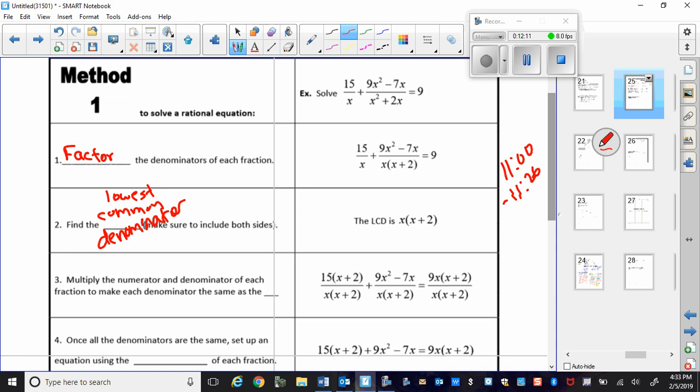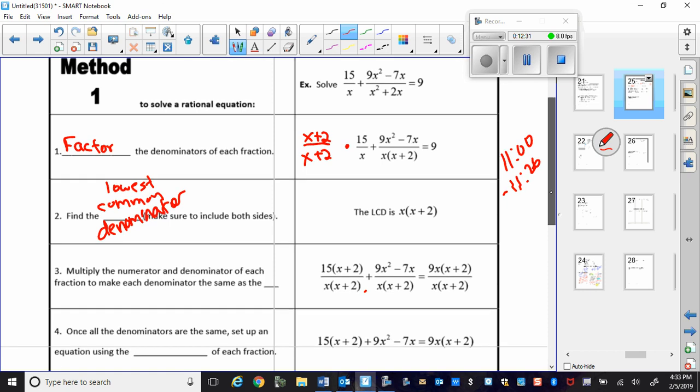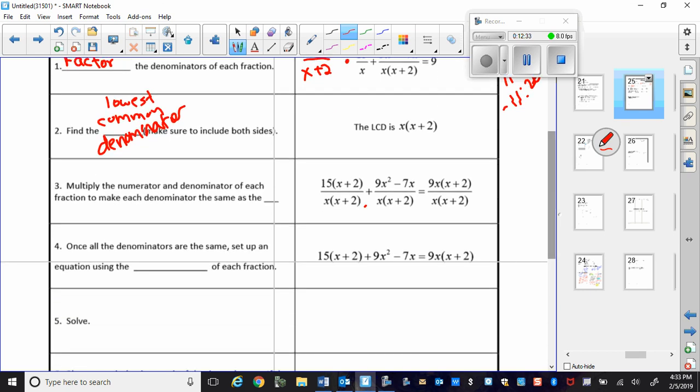All right, so we're only focusing on the left-hand side right now. If I look, I'm missing x plus 2. So if I multiply on the top and the bottom, like they did down here, you can go in the direction that they want you to go.